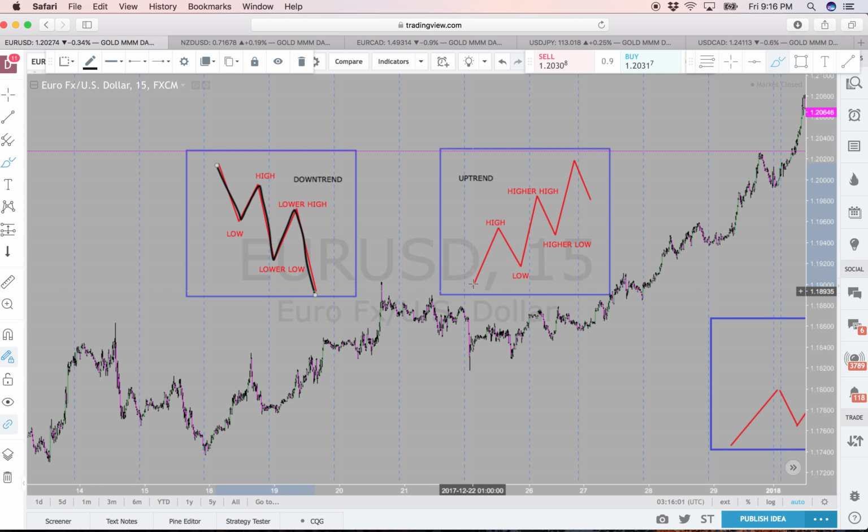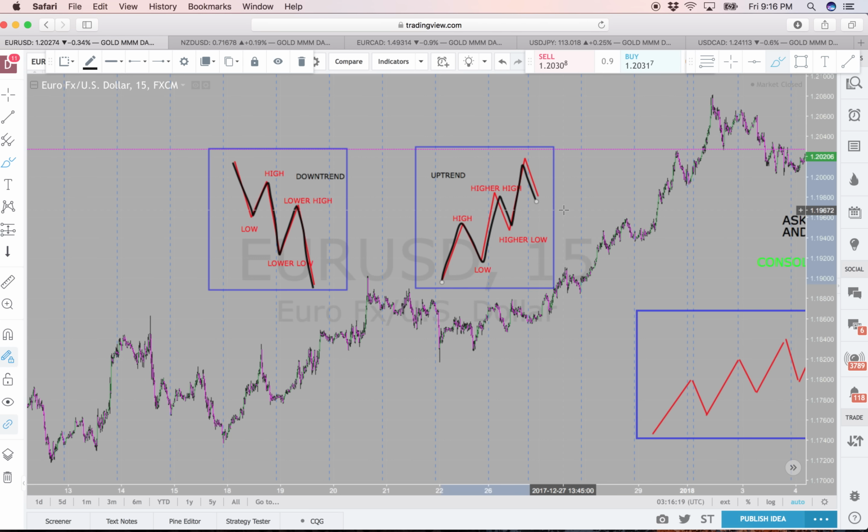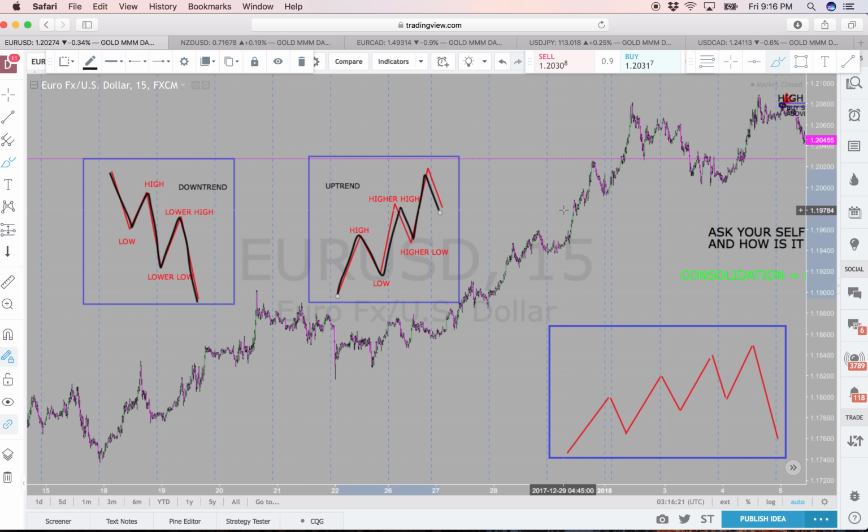The uptrend creates higher highs and higher lows. Now, there has to be a point at which the trend stops, consolidates, and either continues or reverses. This is the tricky part, finding when the trend is going to reverse.